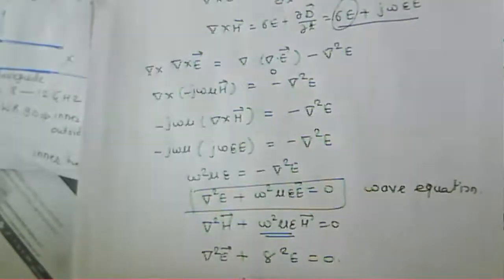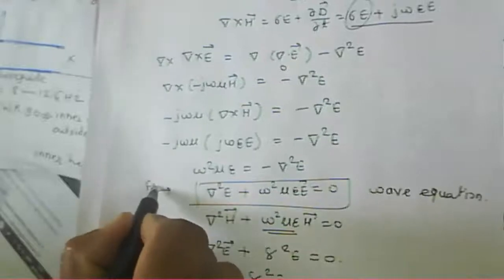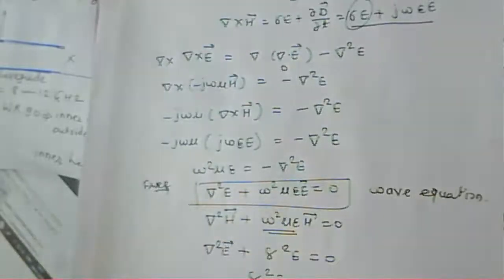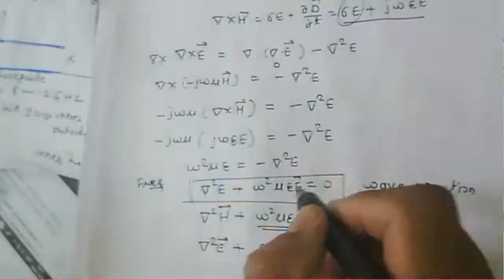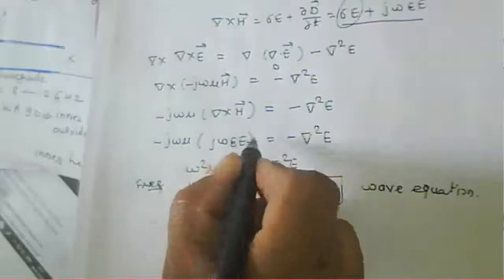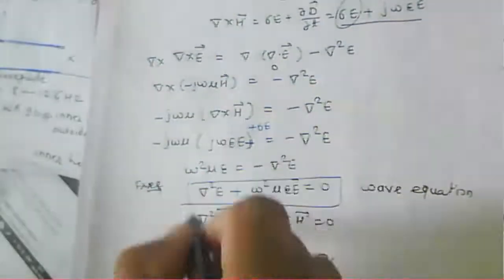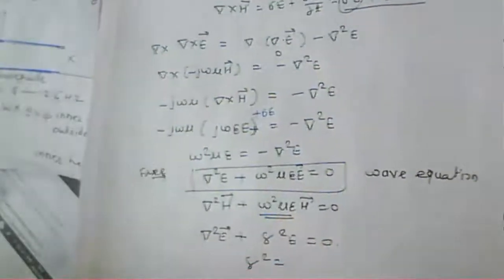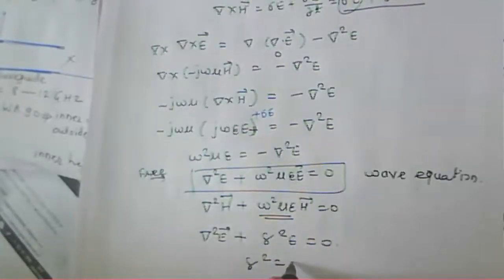Everything we have solved is for free space, where sigma is equal to 0. If we do not consider sigma equal to 0, then the equation comes again, and we add the term plus sigma E if it is not free space. So then everything changes. For free space, gamma square is equal to what?